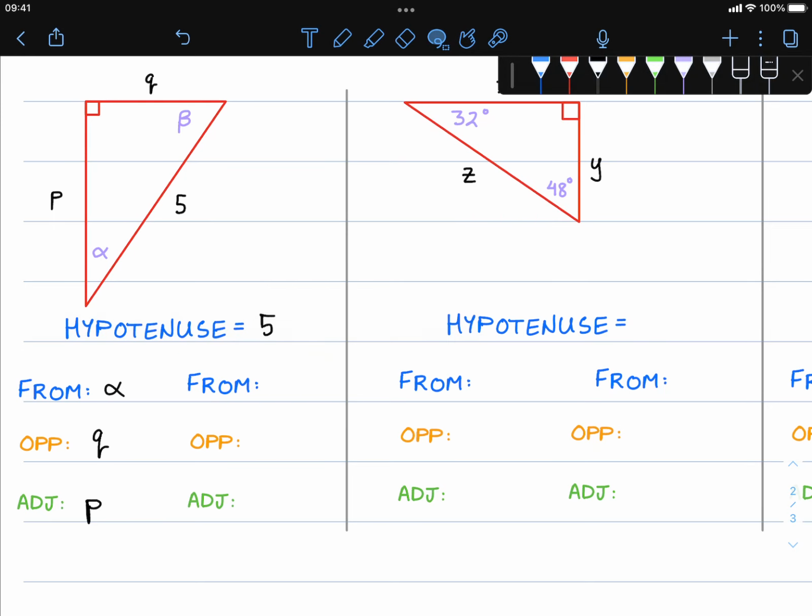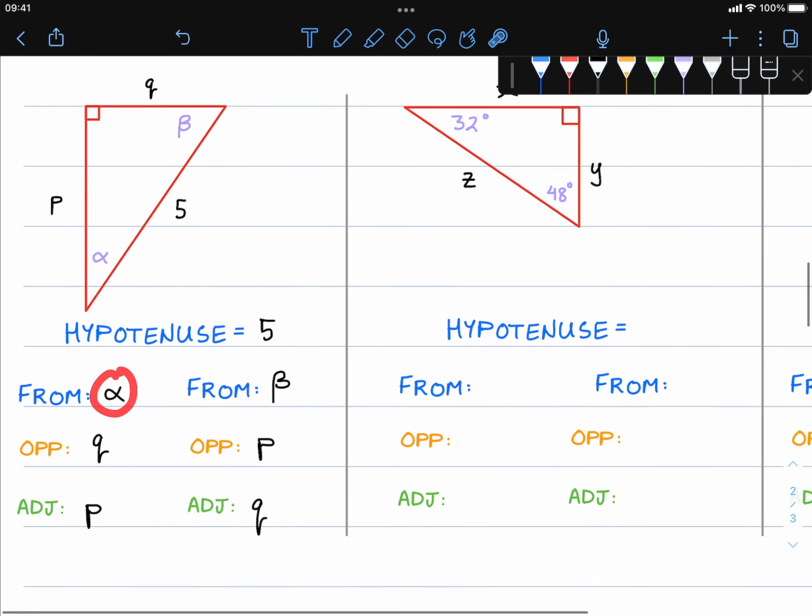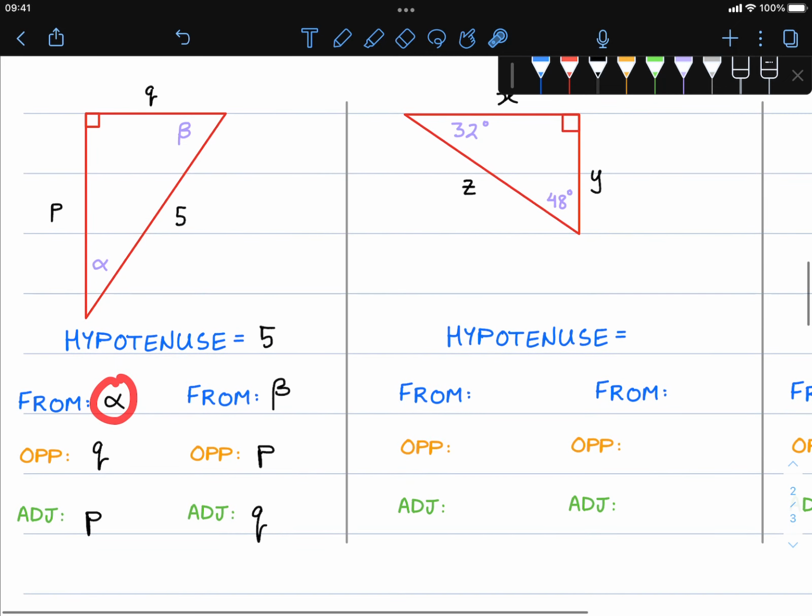If we say that from beta, angle beta or angle B, opposite is now P, and adjacent from beta is Q. So can you see that depending on where we are referencing from, opposite and adjacent change?